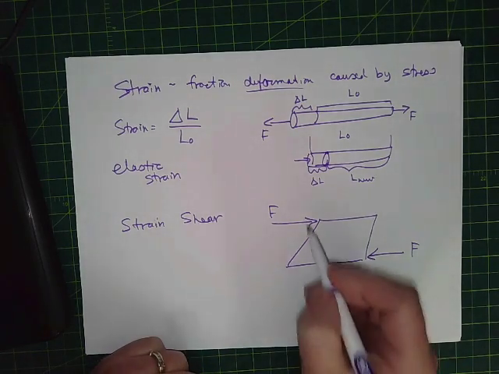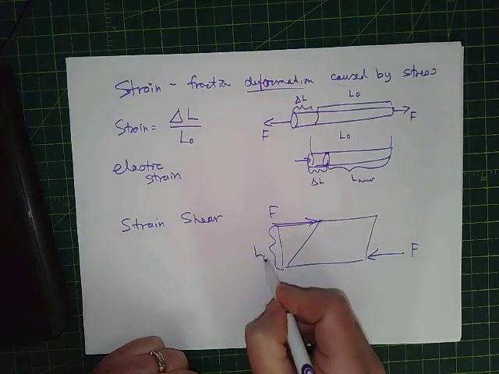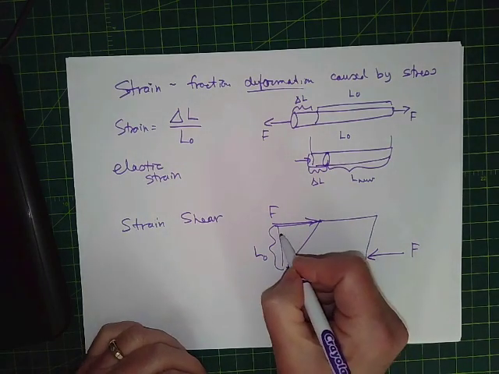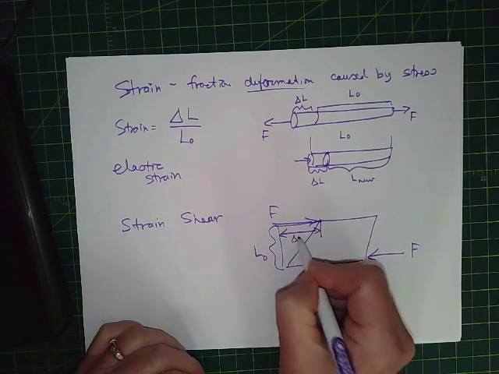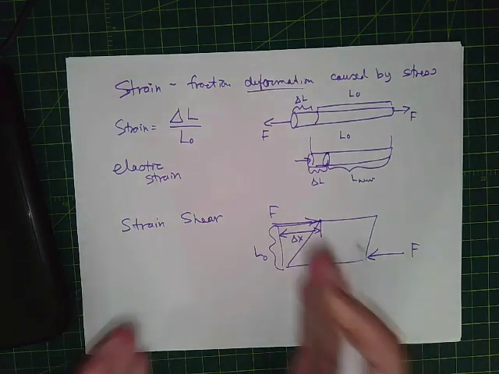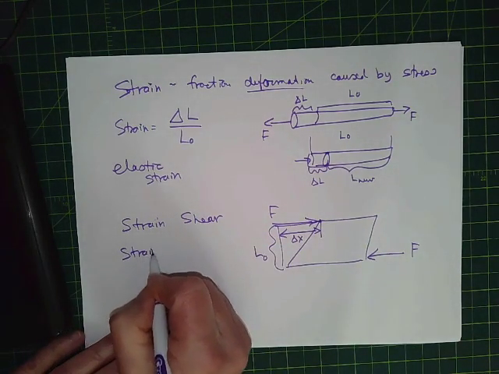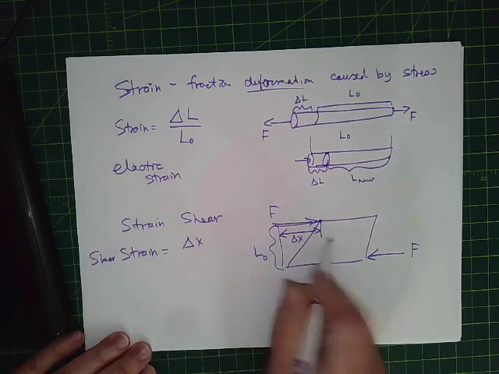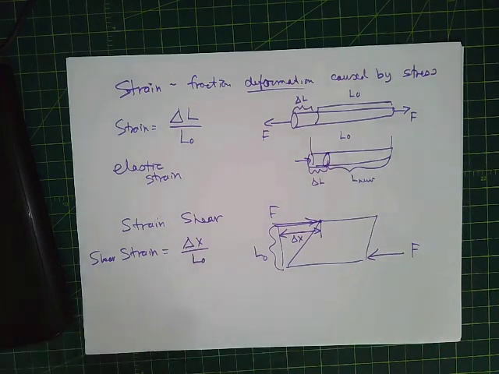The L naught is still the original height, but the delta X is how much it changed this way. So it's got a slant in it. The shear strain is going to be this delta X, because that's the thing that's deforming, divided by our original length of the thing.